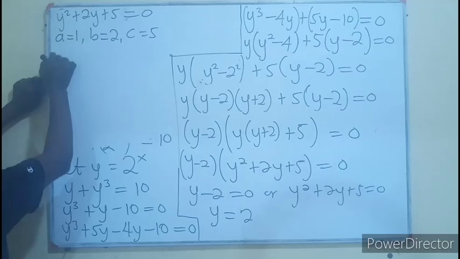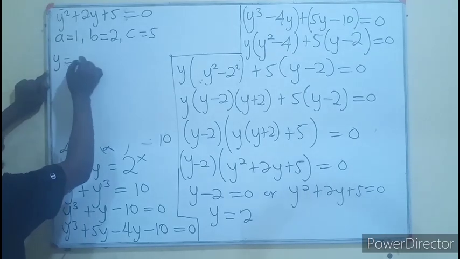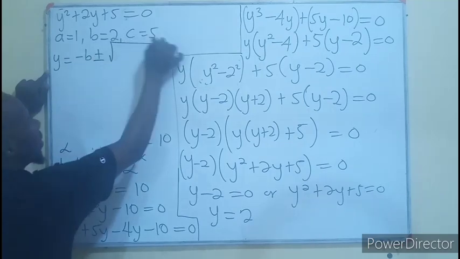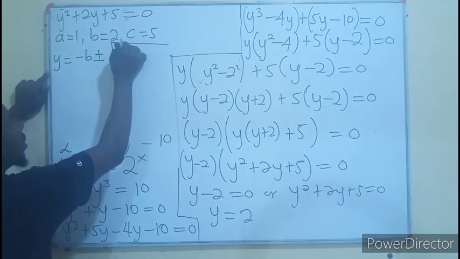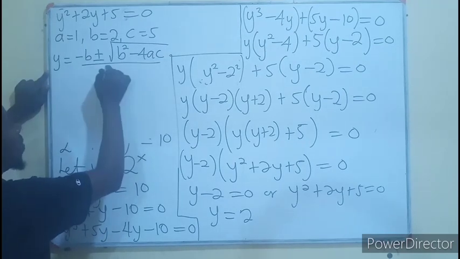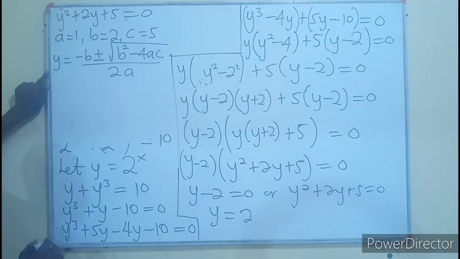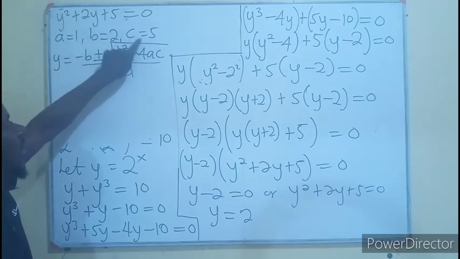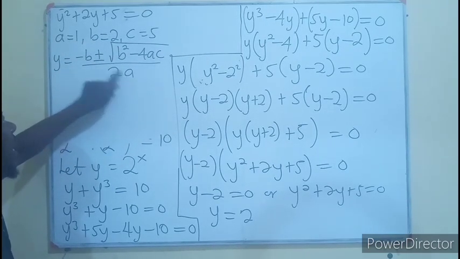So finding for y will be equals to, we know, minus b plus or minus, the determinant will be this, b squared minus 4ac over 2a. So whenever I see b, I put in 2. Whenever I see c, I put in 5. And a, I put 1.